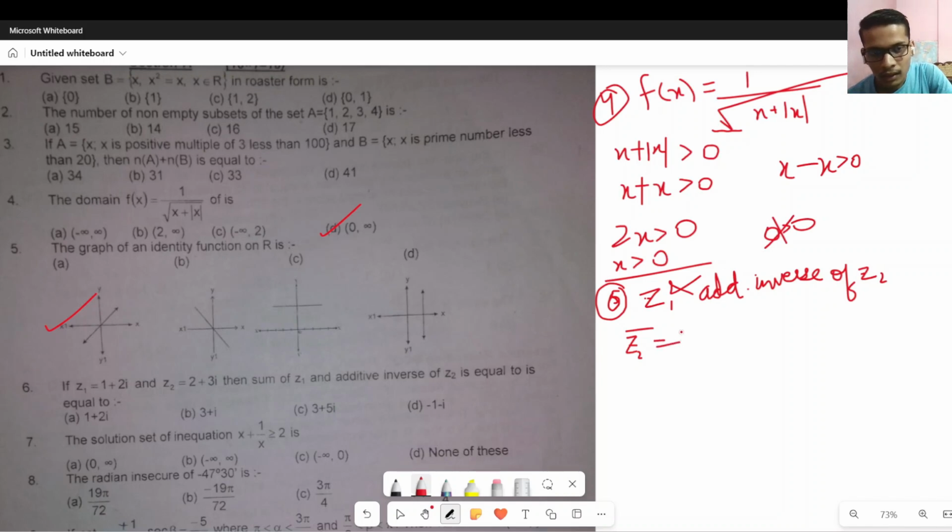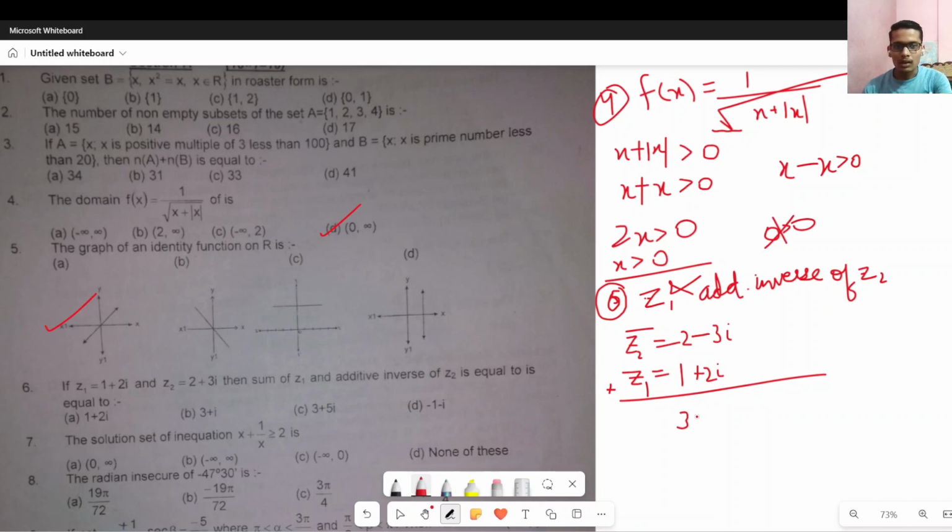That will be 2 minus 3 iota. Now we will write here z1, and z1 equals 1 plus 2 iota. Simply adding both of these, 2 plus 1, that is 3, and here will be minus iota, but that is not in the option.